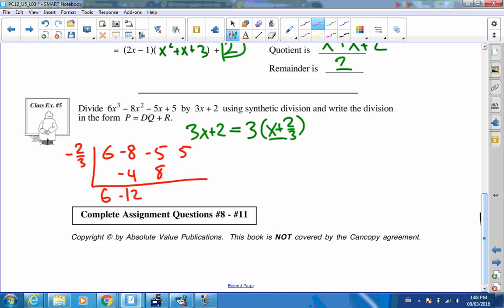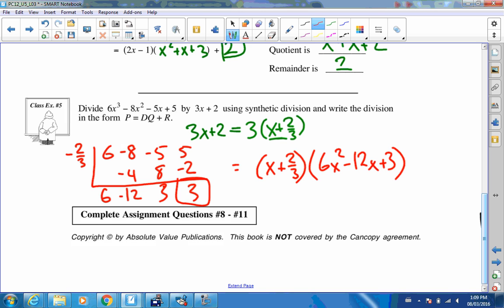Negative 5 plus 8 is positive 3. Negative 2/3 times positive 3 is going to be negative 2. Add down 3. So my remainder is 3. I can write this as x plus 2/3 times 6x squared minus 12x plus 3, plus 3.